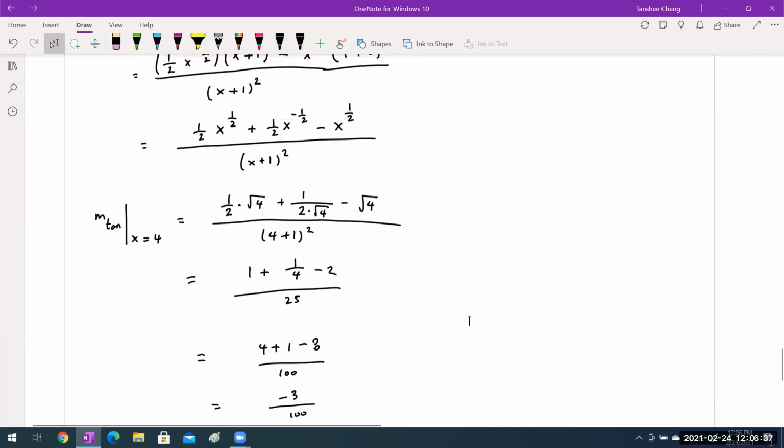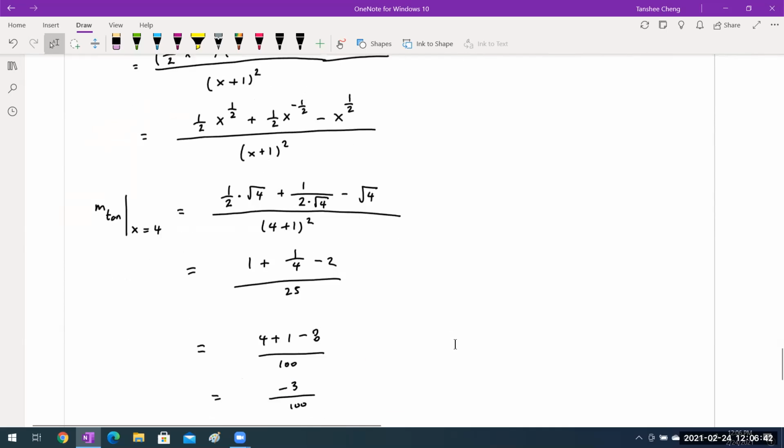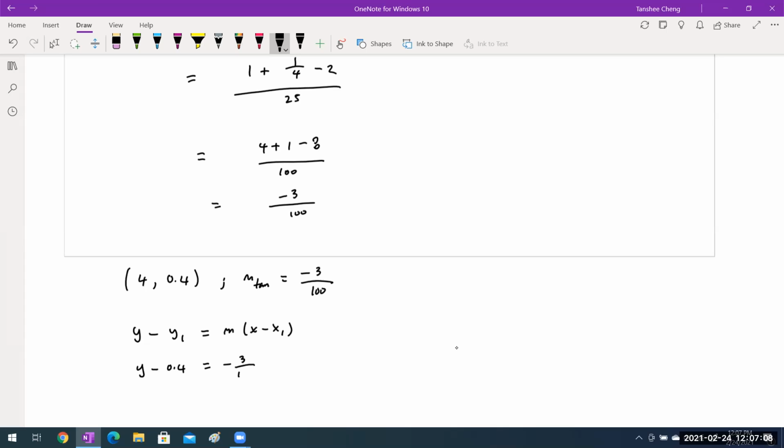Once we have the slope of the tangent line, with this point, we can find the equation. So now we have the point (4, 0.4), and the slope of the tangent line at that point is negative 3 over 100. So we can use y minus y sub 1 equal to m times x minus x sub 1. That would be y minus 0.4 equal to negative 3 over 100 times x minus 4.